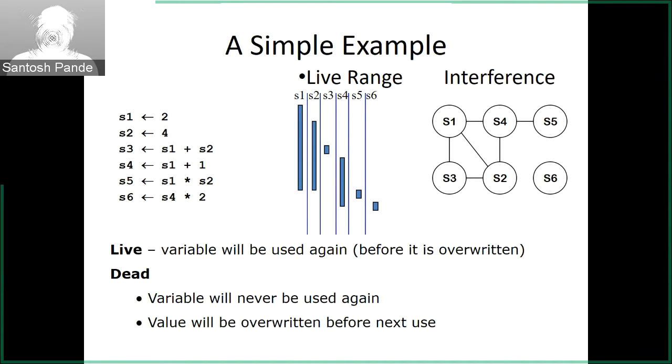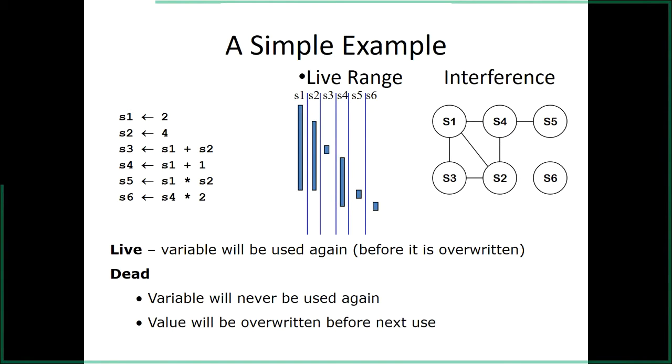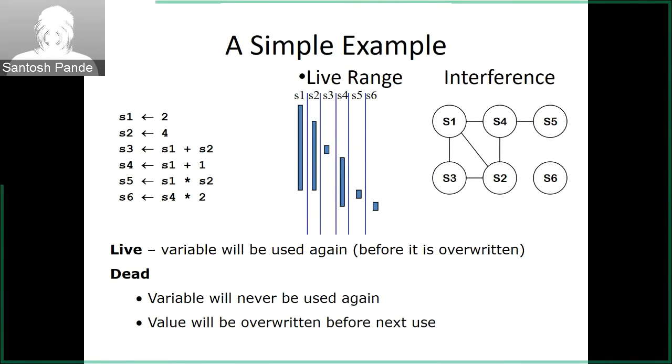Then it reaches the uses as you're seeing here, going through the uses, and then there is a last use at which these definitions get used. So the interval of all the points between the definition and the last use point is a live range.